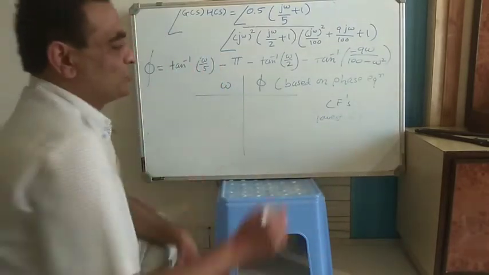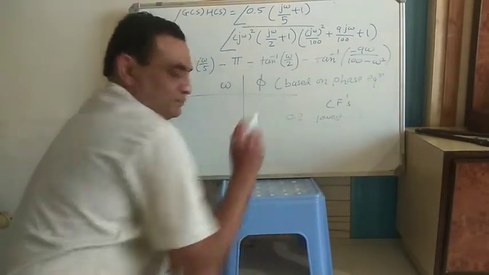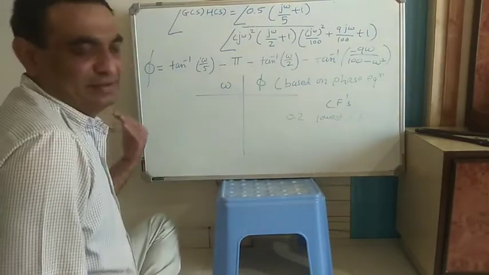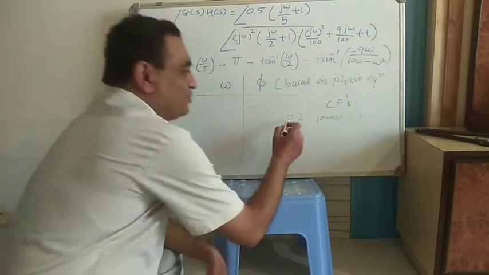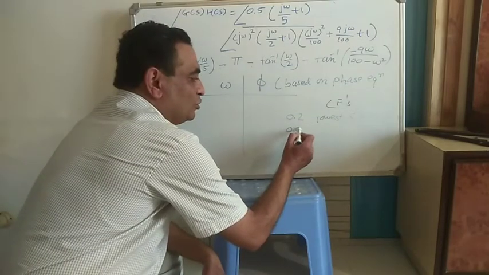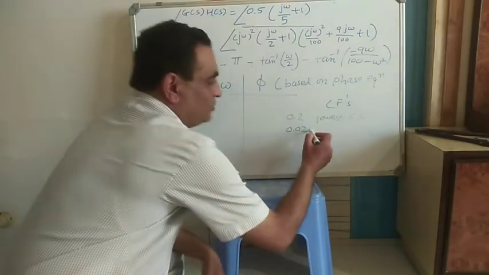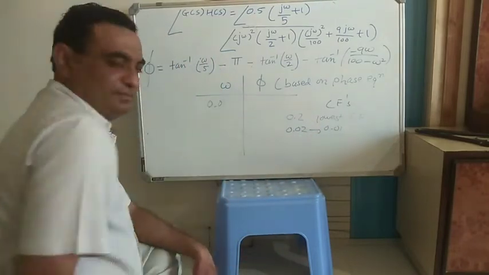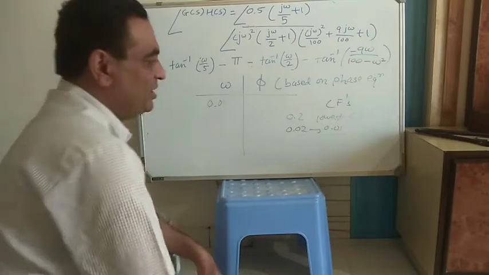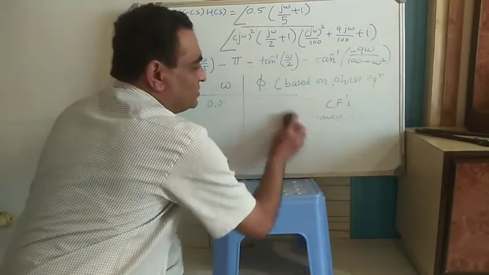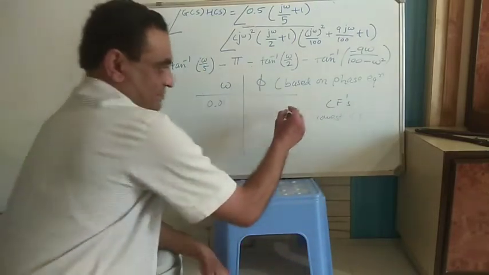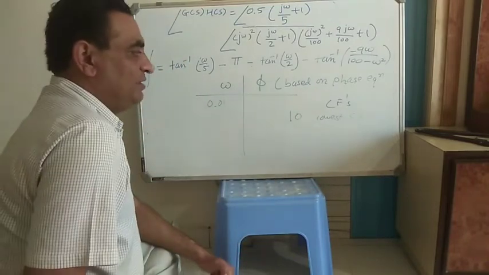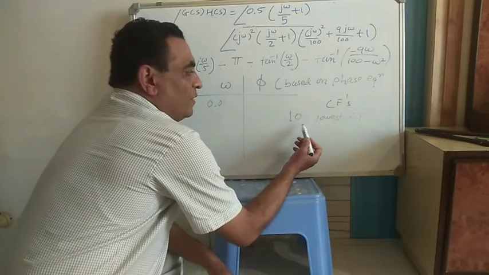Let's say the lowest corner frequency is 0.2. Then you go one decade behind.